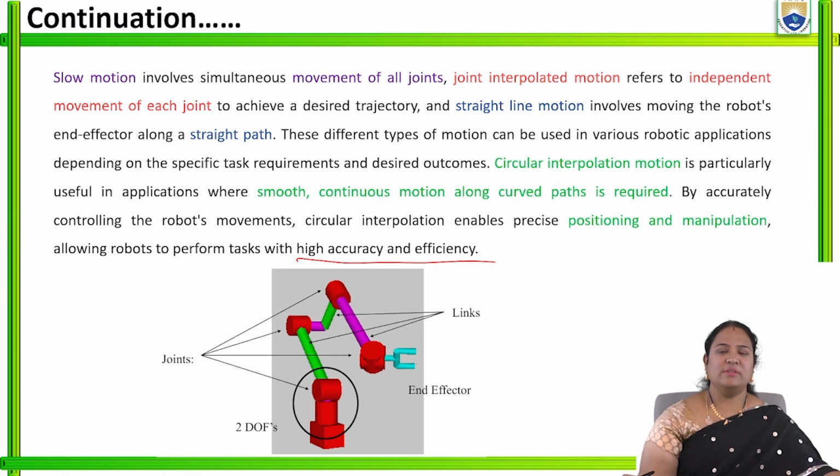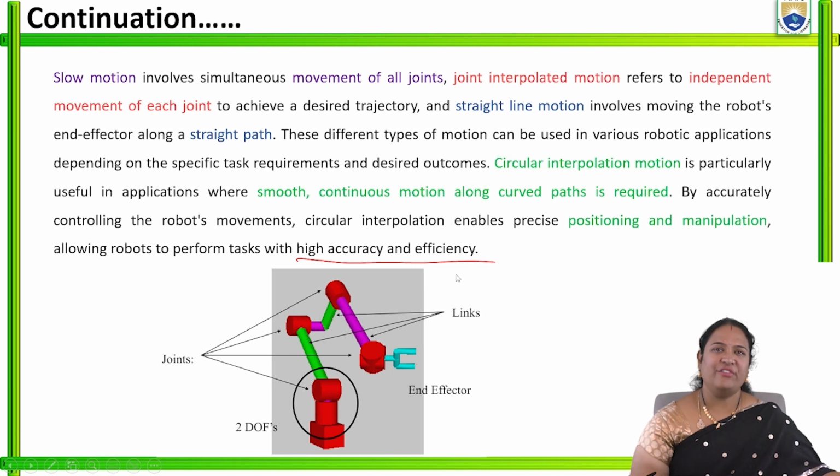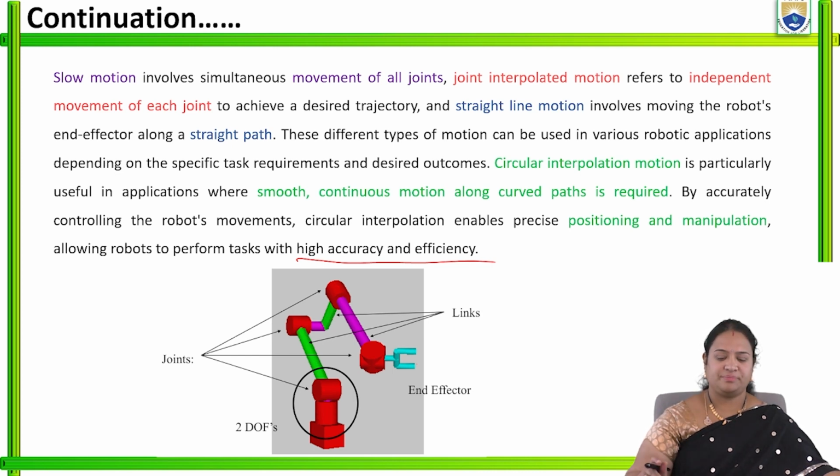Okay, so these are the four types of motions involved in the robot's manipulator movement. Depending upon the type of application and the movement of the joint, this particular type of motion comes into action for any robot. Clear?